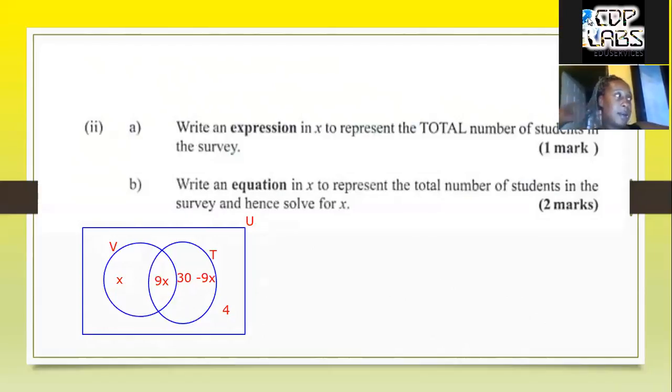Alright. Read the command that was given.